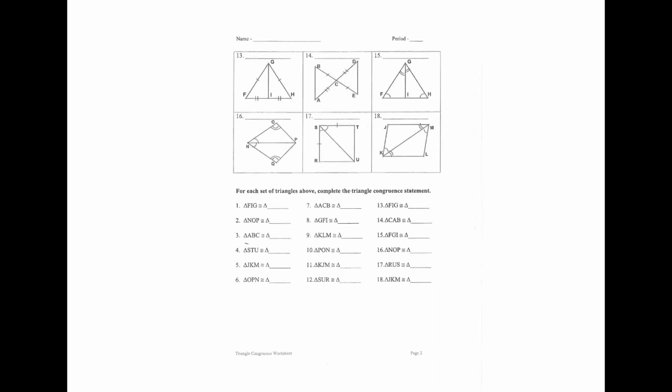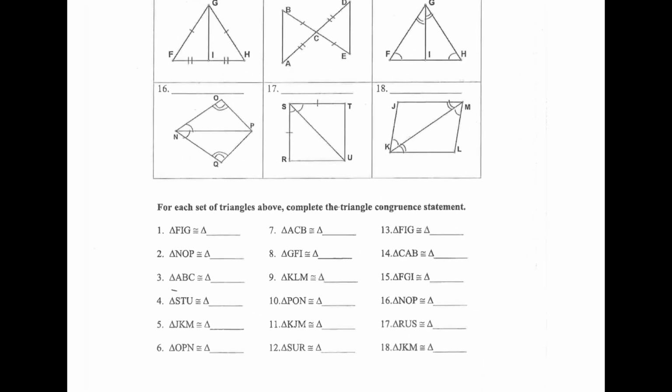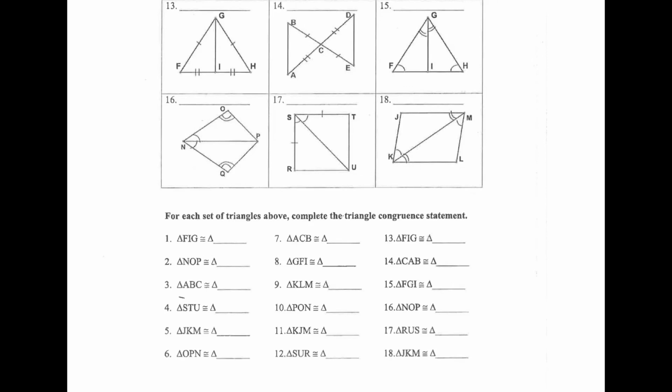And we'll just look at these last 6, although feel free to do the first 12 of them so that you get good at them. We want to talk about the statement that's going to make the pictures true. So if, for example, I see the order is JKM in this picture, then I know we're going J first, then K, then M, and I have to find the pairing that's going to follow that pattern.